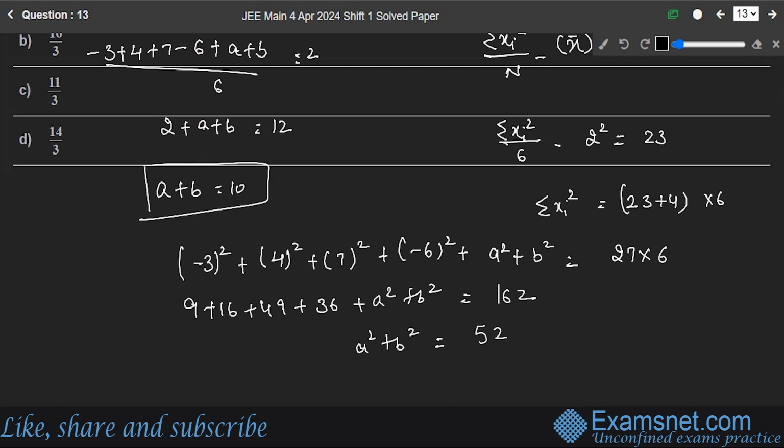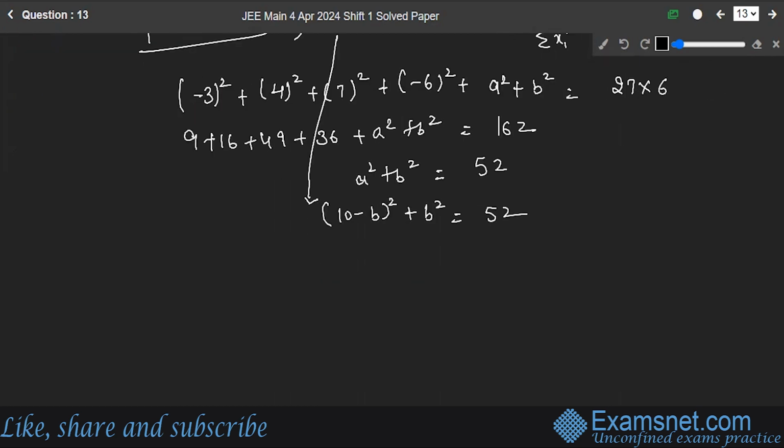Also, I had a plus b is equal to 10. That means you can find out a is equal to 10 minus b. So 10 minus b whole square plus b square is equal to 52, because I'm filling in the value of a from here to this position. This will give me 100 plus b square minus 20b plus b square is equal to 52.